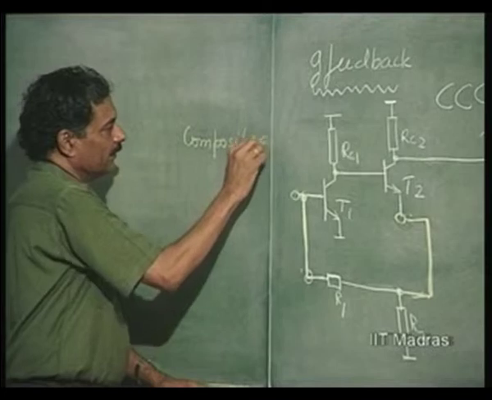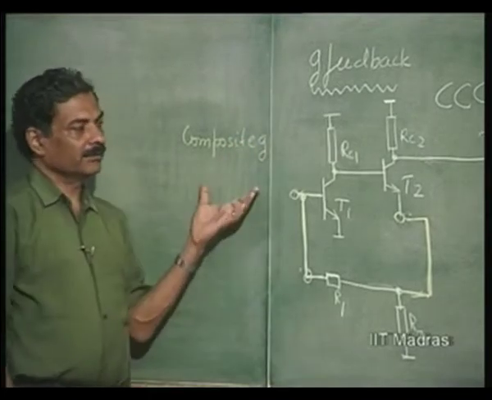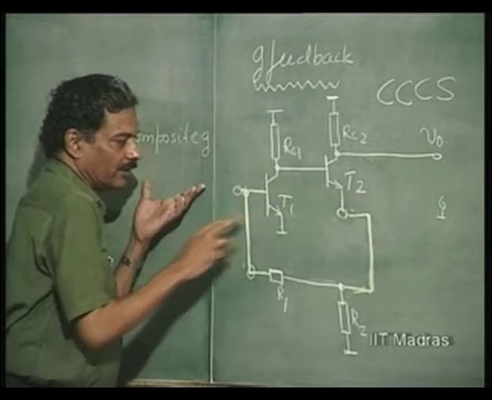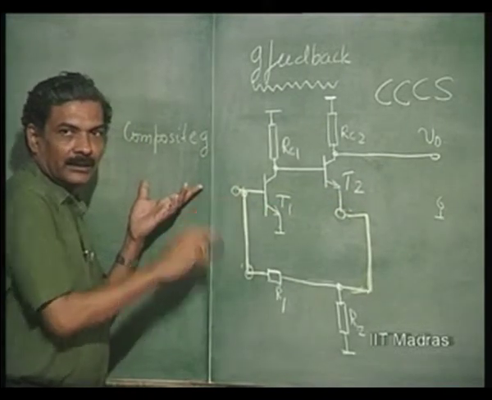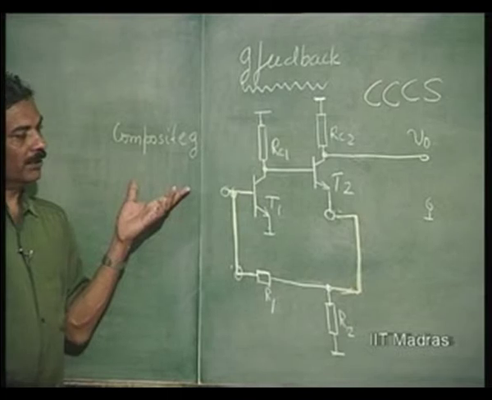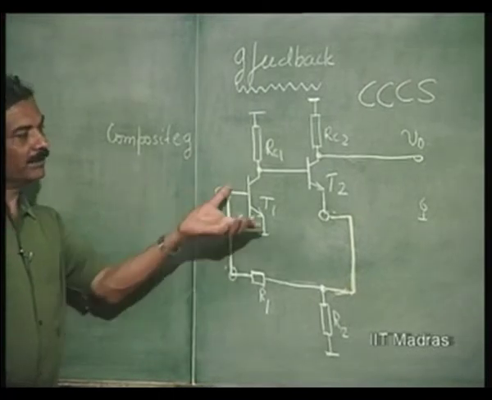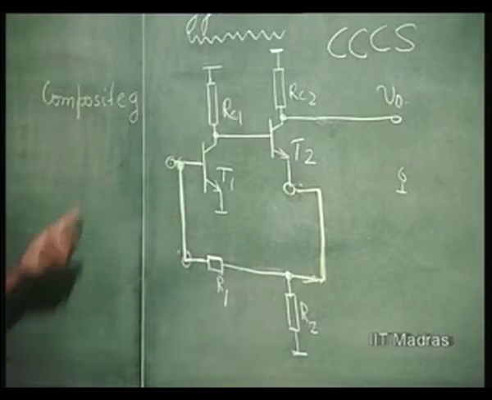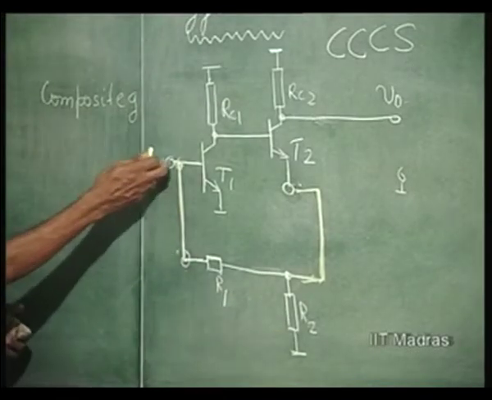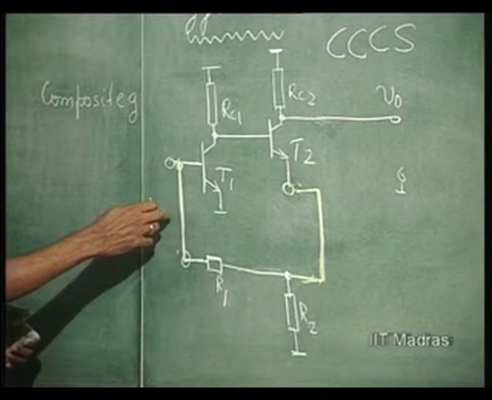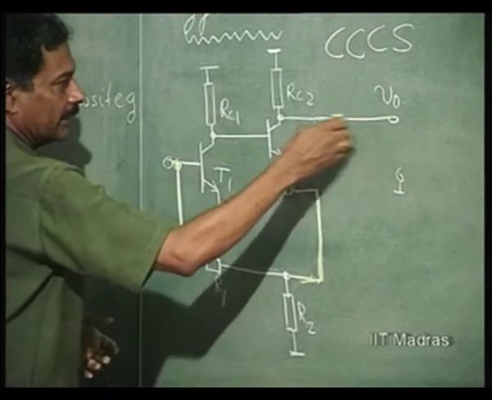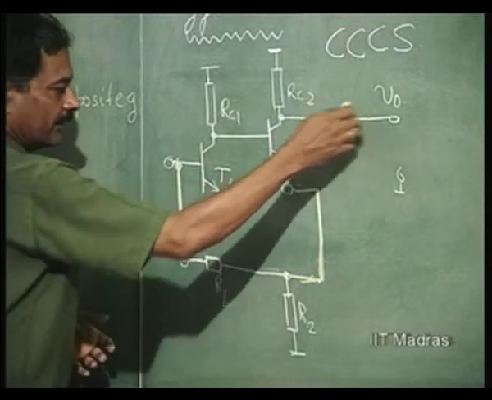You open the output, measure the input conductance which is due to the amplifier as well as the feedback network, and then short the input and measure the feedback factor here.